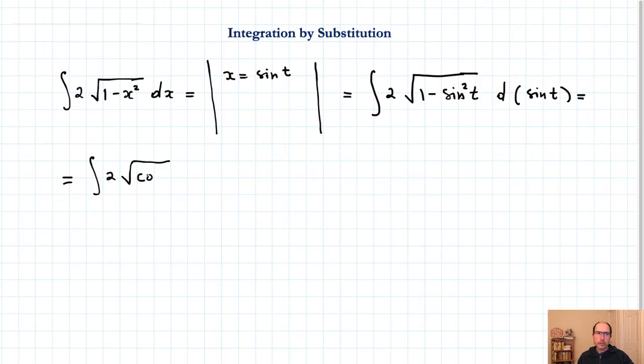So now what we have under the square root is cosine squared t. Let's also calculate the differential of sine t right here. The derivative of sine t equals cosine t. And so the differential of sine t will equal cosine t multiplied by dt.